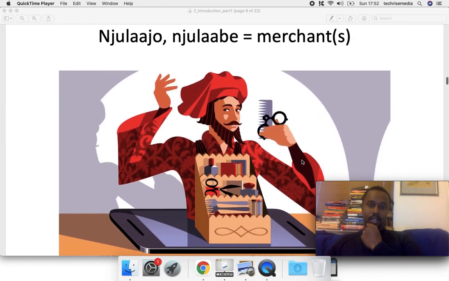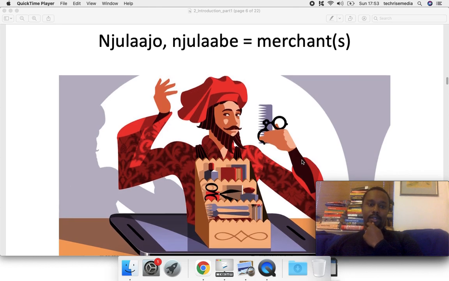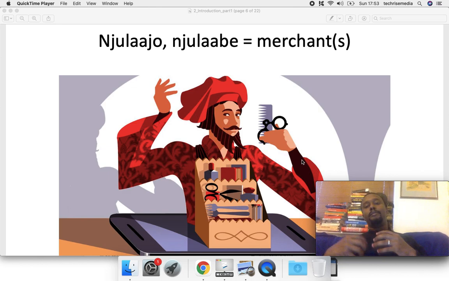So a merchant, right? So is a julajo, a julajo, right? Or julabe. Julabe is a merchant, right? So a merchant does many things, right? So julajo, merchant, and julabe, means merchants, right?